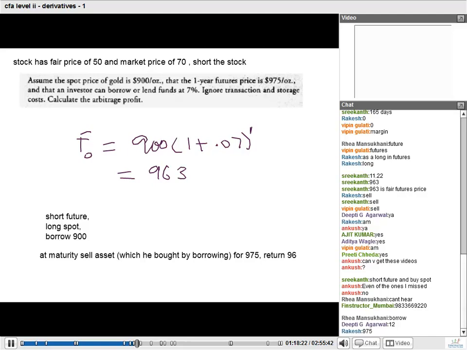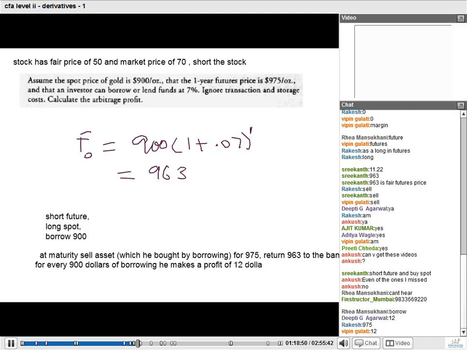He'll have to return $963 to the bank because he borrowed $900. At the end of 1 year, he'll have to return $963. So for every $900 of borrowing, he makes a profit of $12. For every $900 of borrowing, he makes a profit of $12.